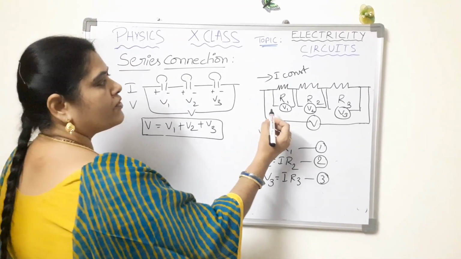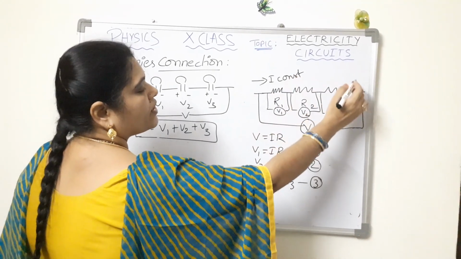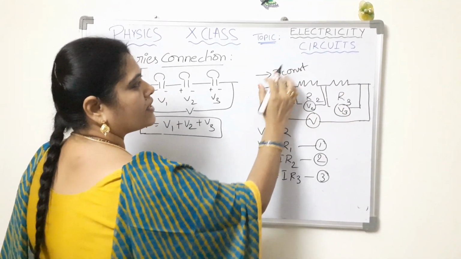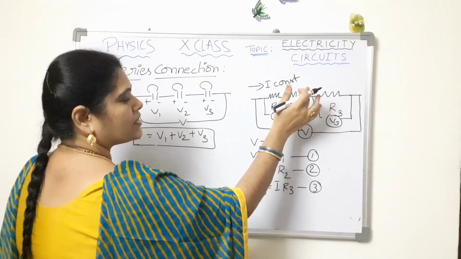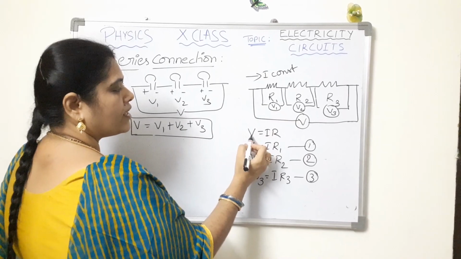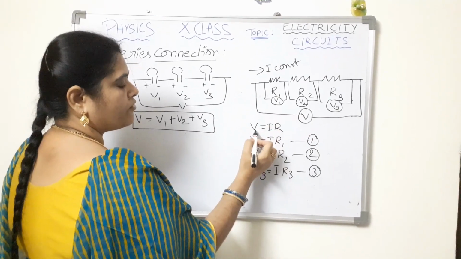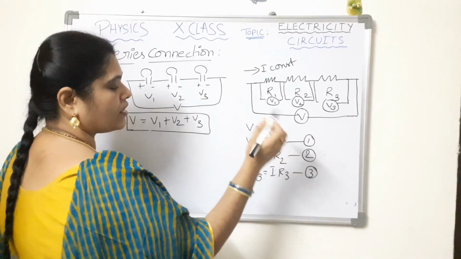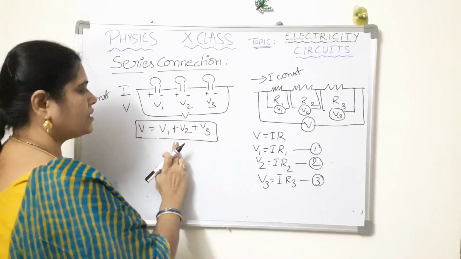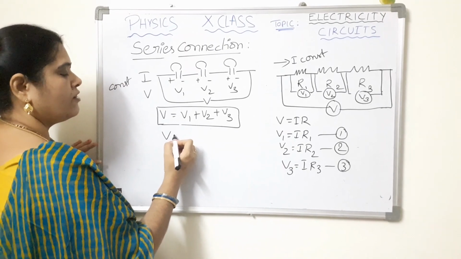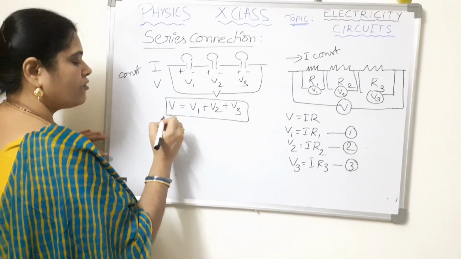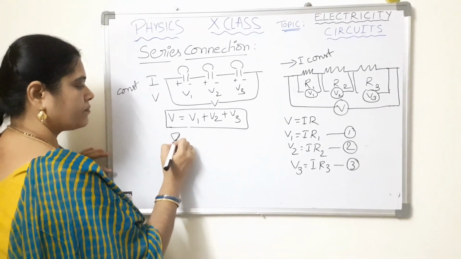So for the equivalent resistance, if there is a resistance which is equivalent to the series connection, then it is called R. And for that, V is equal to IR. So substitute all these values in this equation. What will we get? See, in the place of V, we write IR.